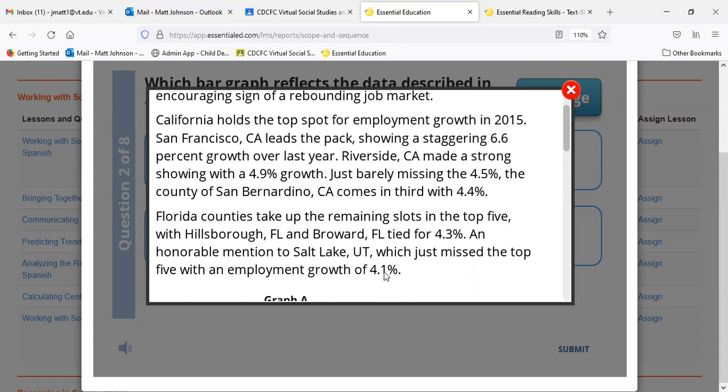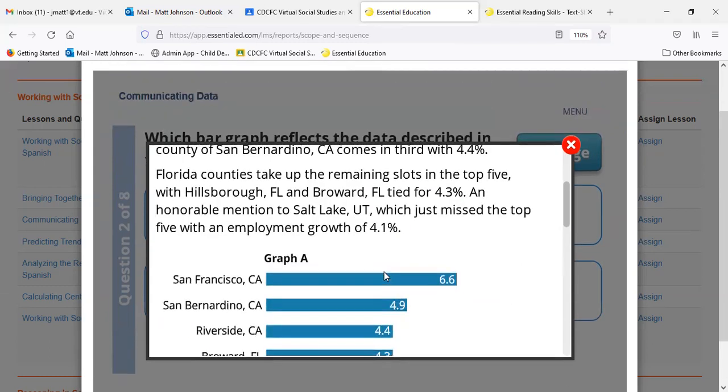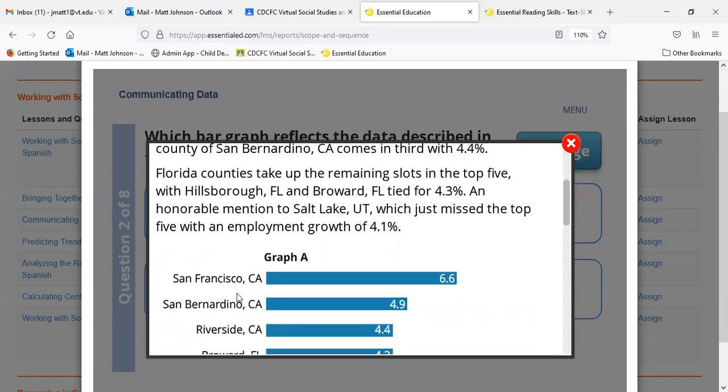Salt Lake City, 4.1. So this is largely a matching scenario, right? We need to make sure that whatever graphic information we're looking at matches up with those specific numbers. This is where you might have to do a little back and forth. If you can't remember all those numbers, first look at San Francisco, which was 6.6. San Bernardino was not 4.9.